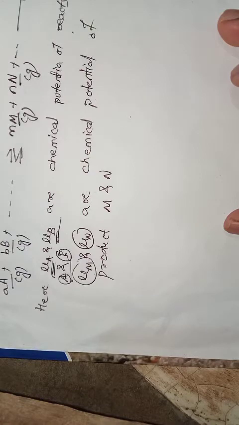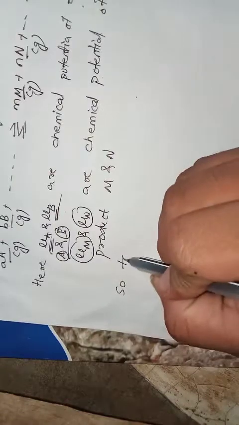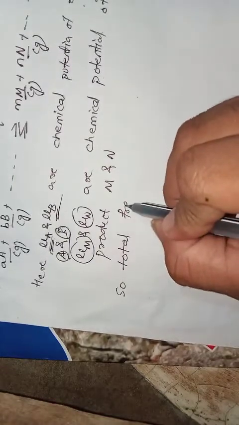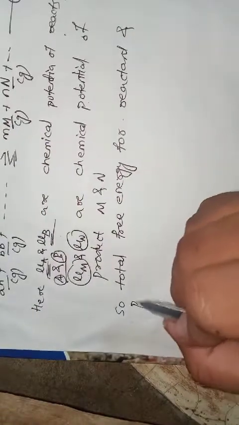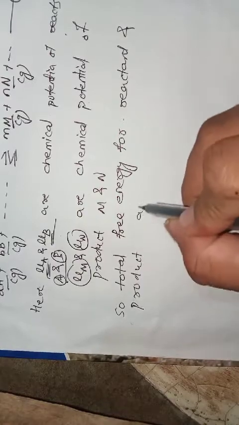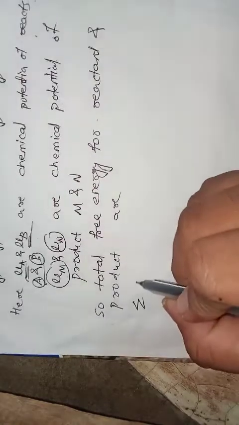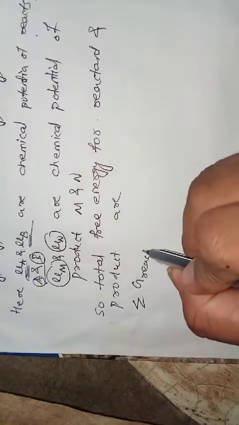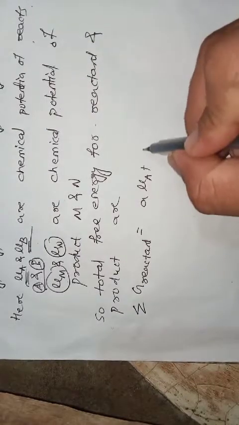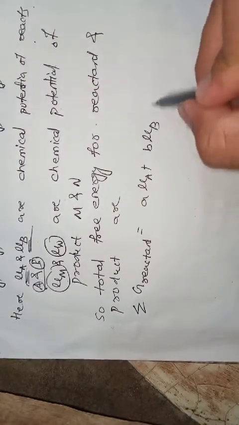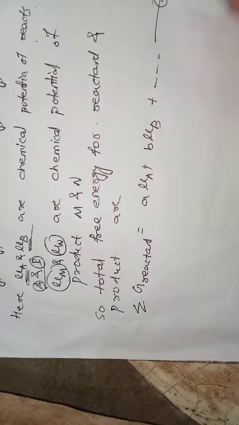The total free energy for the reactants and products are: summation of G reactant is equal to small a into mu A plus small b into mu B. We will take this as equation 2.